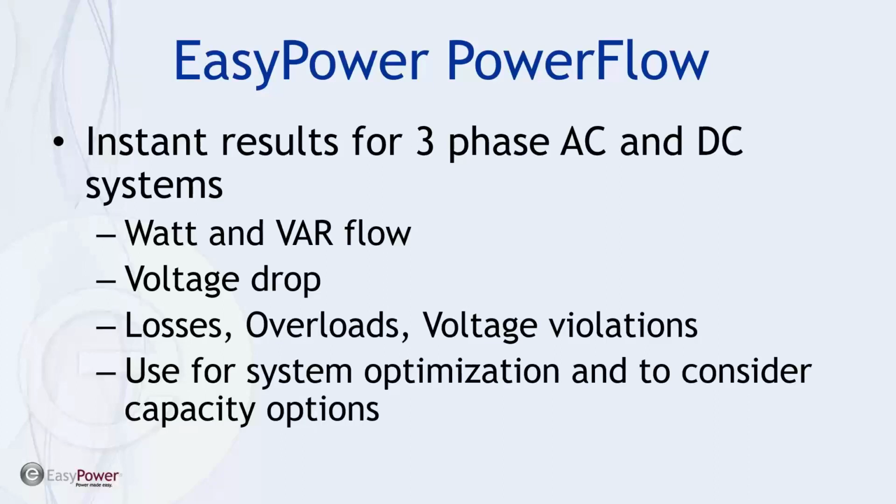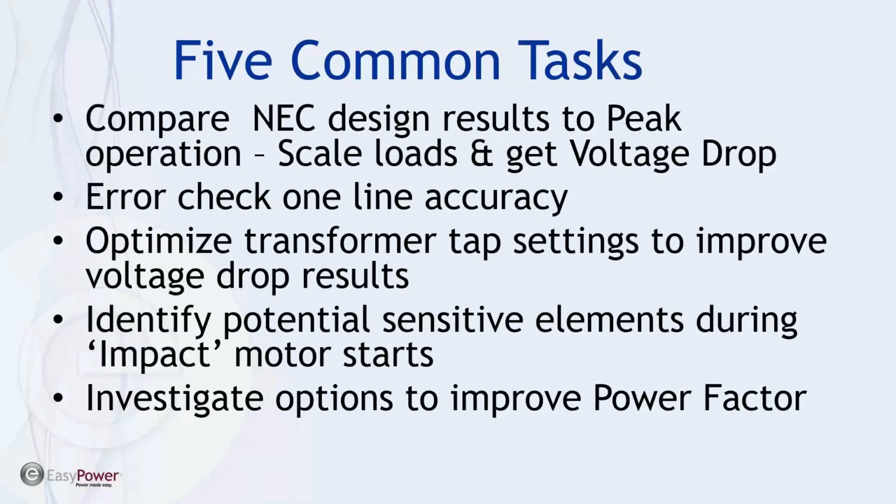I'm not going to go through all the details of how power flow does this. What I'm going to spend the next 30 or 40 minutes on is basically 5 common tasks. First, we're going to do some scaling and see what reference we use to start the process.